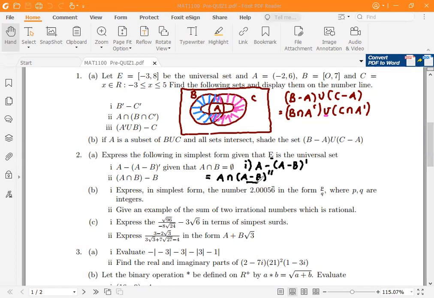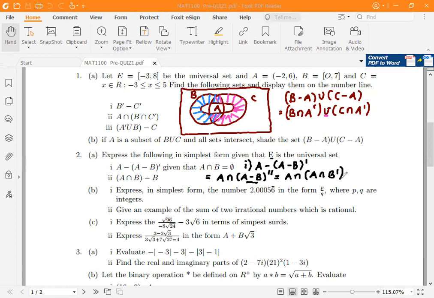So the complement will be outside the bracket, where there's another complement. So the two will neutralize each other, and then we'll remain now with A intersection. Now we go inside and change the minus again to the A intersection B complement. So that complement has come in after changing the minus that was inside.